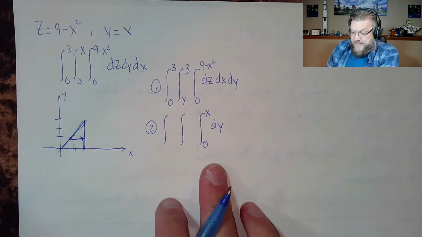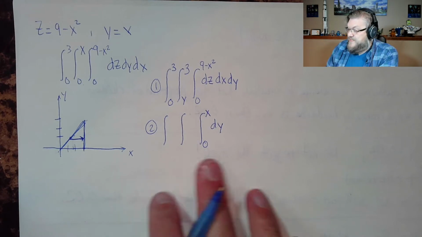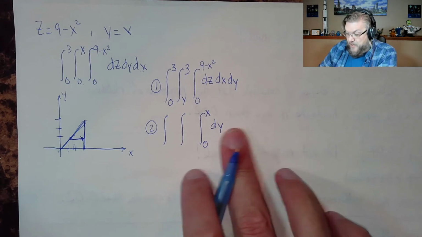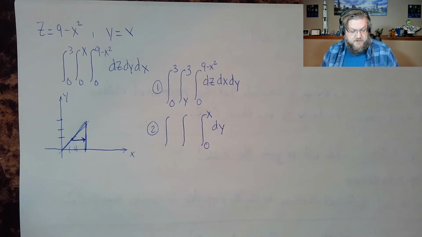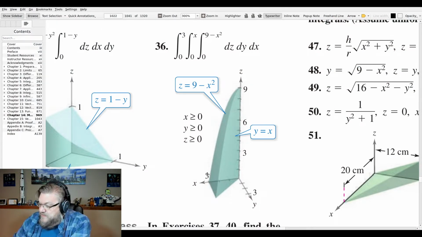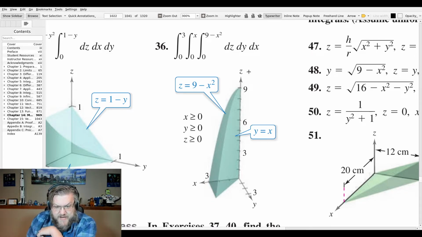Now I have to draw a picture of this 3D object projected into the xz plane, the other two variables here. So again, back to our picture. I want to look at what this looks like in the xz plane. I am going to draw a quick picture here and then show you what I get. What I see is definitely going to be this parabolic shape right here. Do you see that?